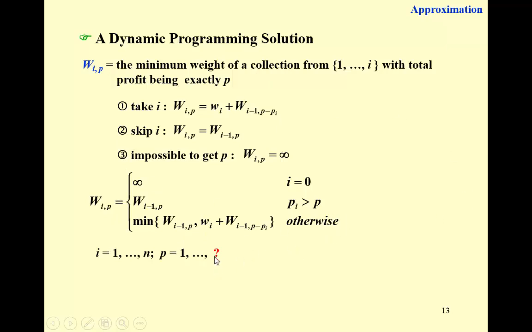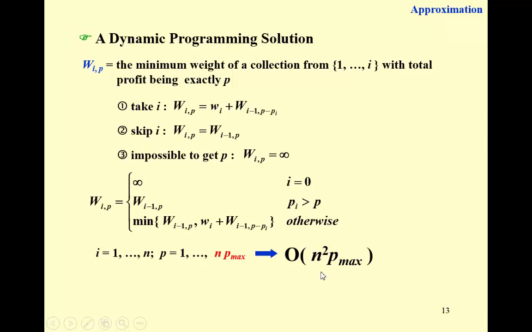Or to relax the upper bound a little bit, we can say the upper bound is n times P max. Suppose that in the worst case, every profit is the same as the largest profit. So this is the worst case. So the size of I is n and the size of P is n times P max. And therefore, the total time complexity is n squared times P max.